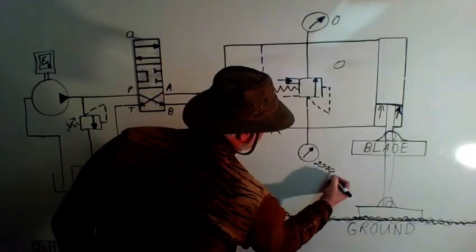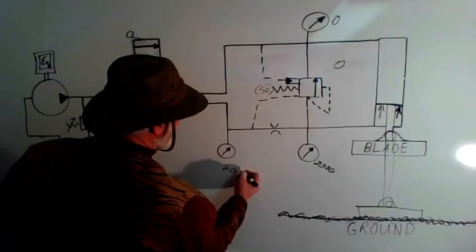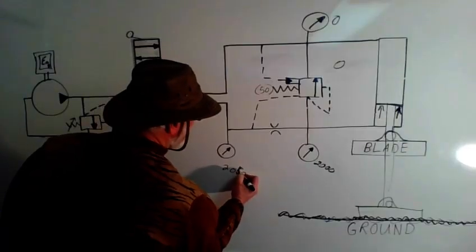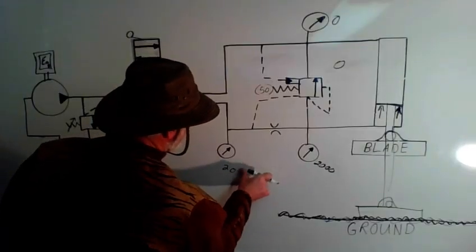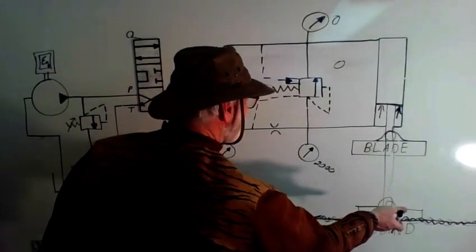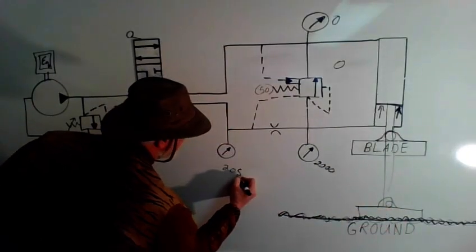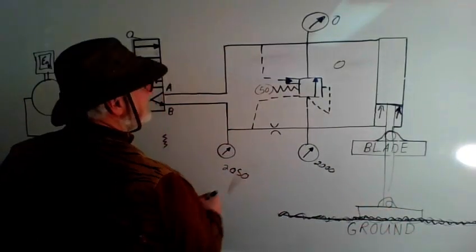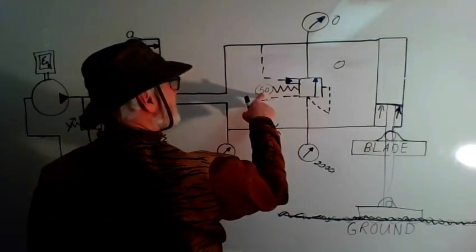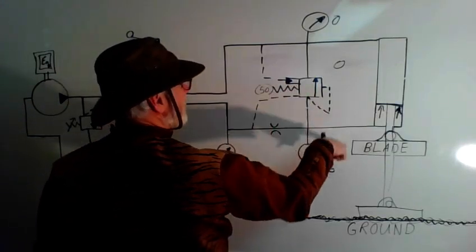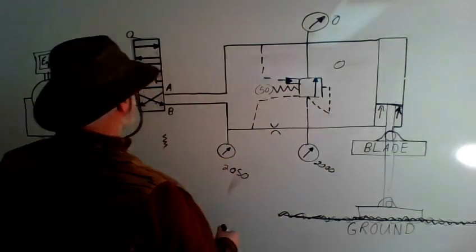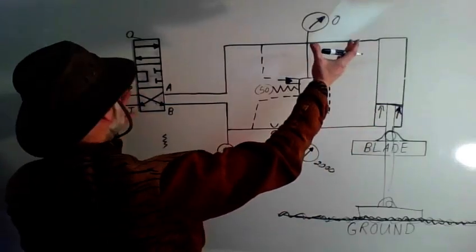So if I was to originally take the 2000 over here, then I'm back to 2050 psi plus the spring, which is still enough to overcome the 2000 to keep this closed. So I can physically raise it up in the air.